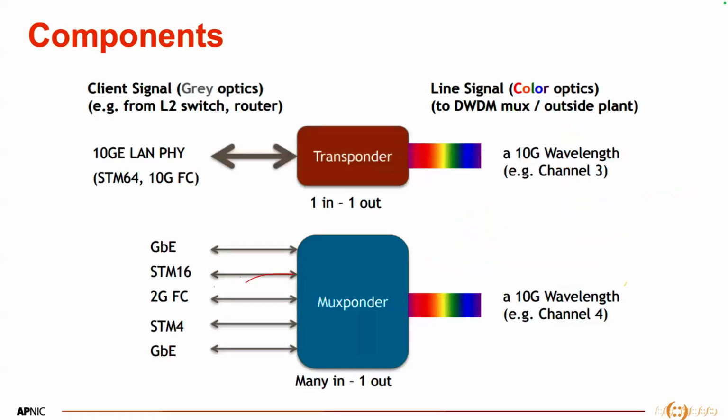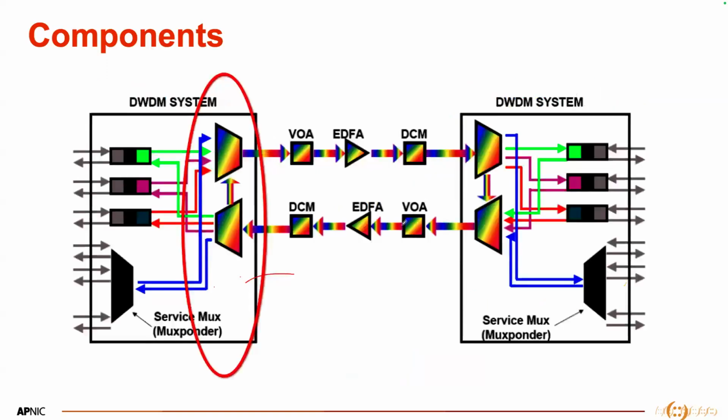Yes, if the end device or client device supports color optics, you can connect that signal directly towards your multiplexing or demultiplexing unit. In that case, the transporter will not be used.